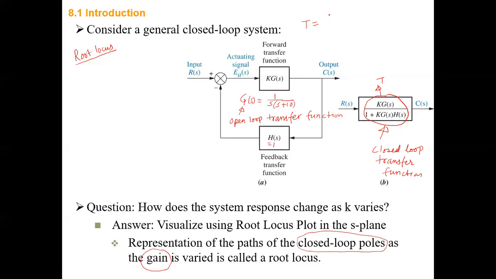K times G is K over S plus 10, divided by 1 plus K times K over S plus 10. And H is 1, right? We chose H to be 1. Guys, any questions so far?